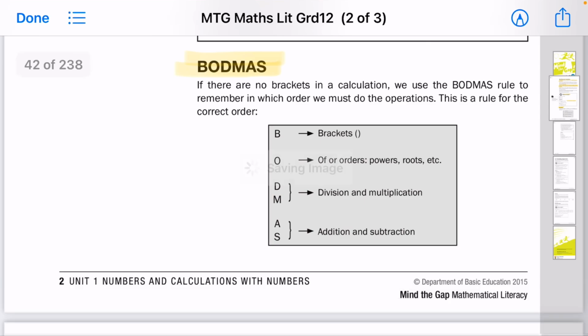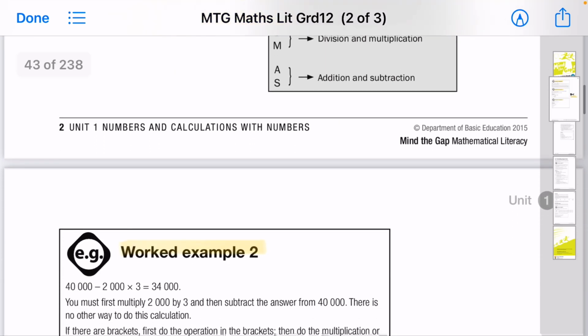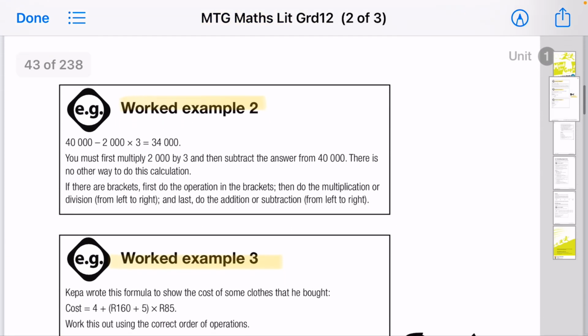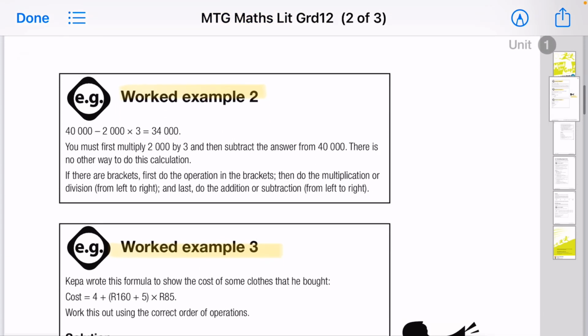There you go, ladies and gentlemen, we've got some worked examples, of which I assume you will have a better understanding of what we mean by BODMAS. Remember, you just need to watch this lesson the first time without writing any notes, just to listen and try to understand what I'm explaining.